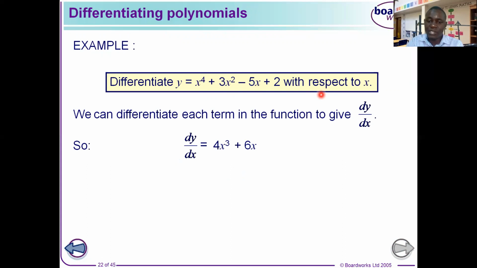And then differentiating minus 5x will give us, I'm sure you know what that will give us. Okay, let's see if that's what you said. All right, so that gives us minus 5. What about the differential of 2? That is 0. So the differential of y equals x to the power 4 plus 3x squared minus 5x plus 2 is going to be 4x cubed plus 6x minus 5.